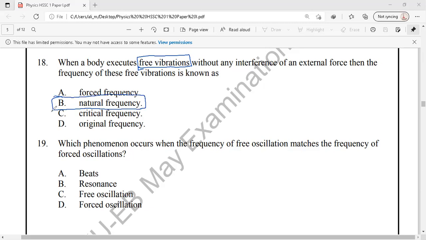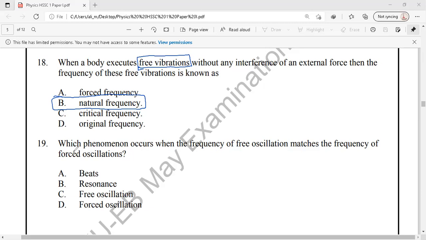That is the definition of natural frequency: a vibrating body possesses free vibration when there is no external force acting on it. So option B is the correct answer.